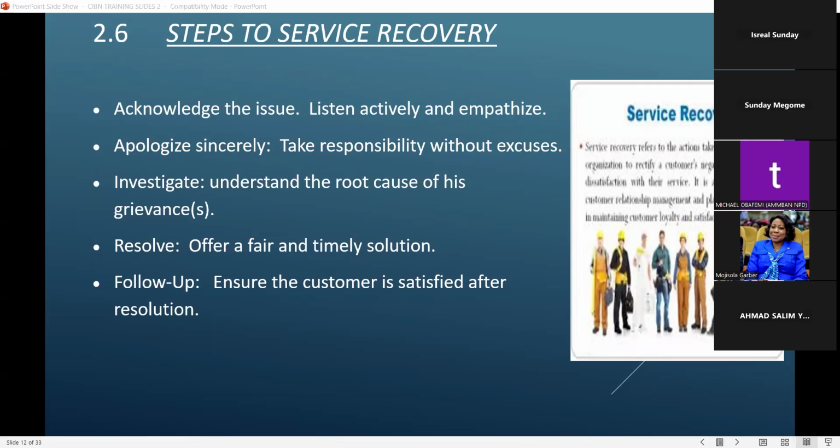Tomorrow, I'll call you to give you feedback. And at the end of the day, you call the woman maybe once or twice till the problem gets resolved. Of course, that's a good step to service recovery. You have been able to empathize with her, not making her come. Because by the time she comes twice and the problem is not solved, she will start shouting because she has spent money on transportation to and fro, and time.